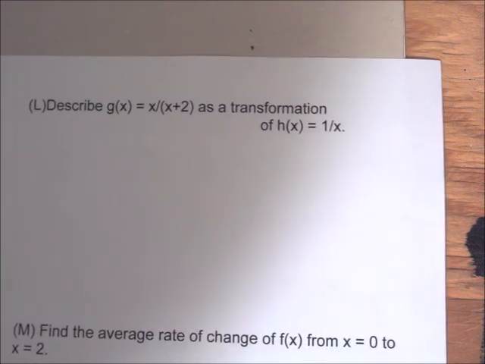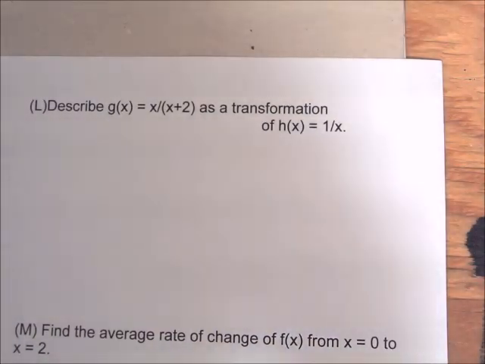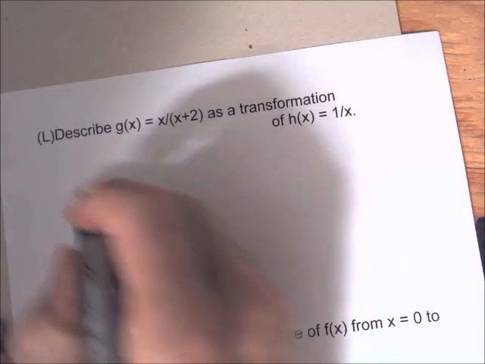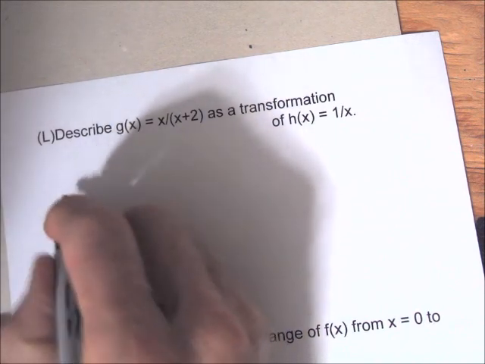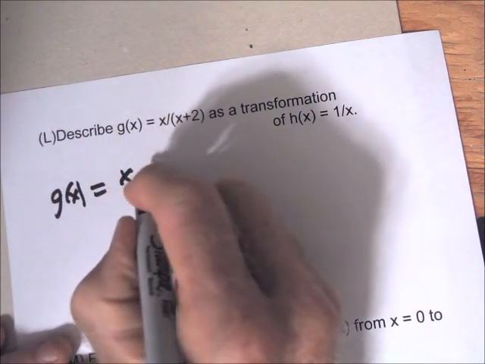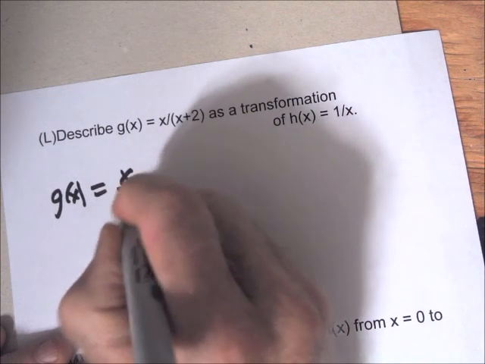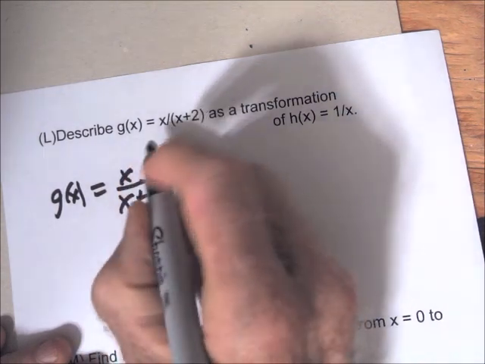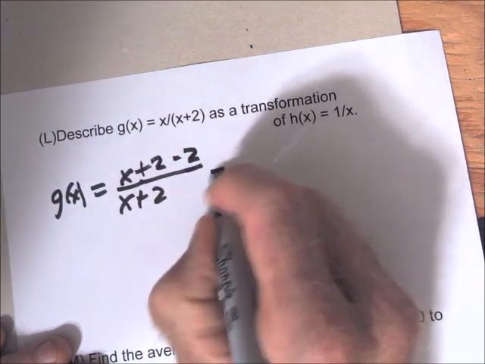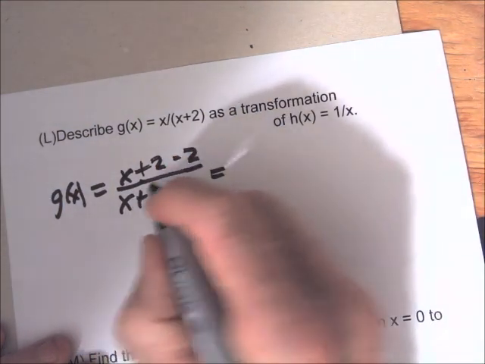Describe g of x as a transformation of h of x. We have to manipulate this a little bit. So g of x is x over x plus 2. We can write this as x plus 2 minus 2. That's the same thing. And then we can distribute the denominator.